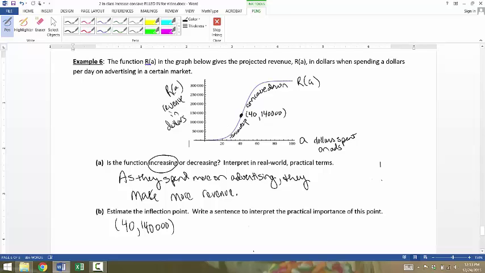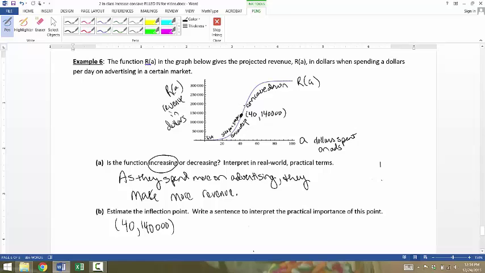This graph is increasing throughout this entire domain, but as we travel from left to right, starting at 0, the graph is very, very flat here. It's only increasing at a very slow rate. Then it's getting steeper and steeper, increasing at a faster and faster rate right up until here, the inflection point.